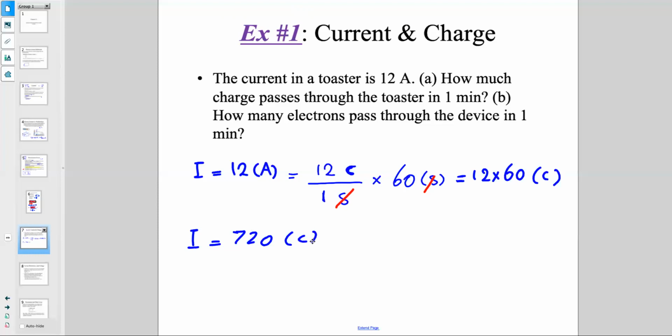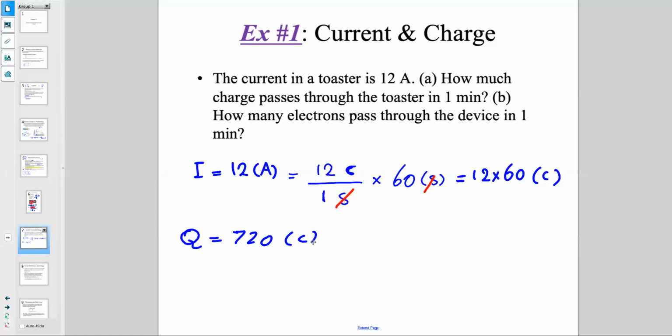Okay, so let's take a look at B. How many electrons pass through the device in 1 minute? Now we are looking to see how many electrons. By the way, this is not I anymore, so I wanted to show it with Q, because this is in the units of coulomb. So Q is that.